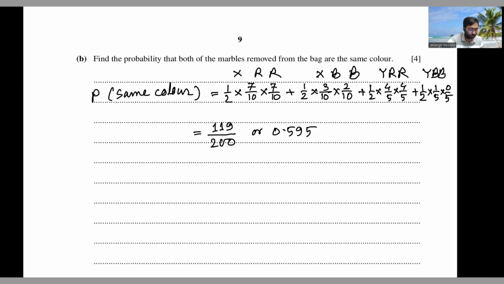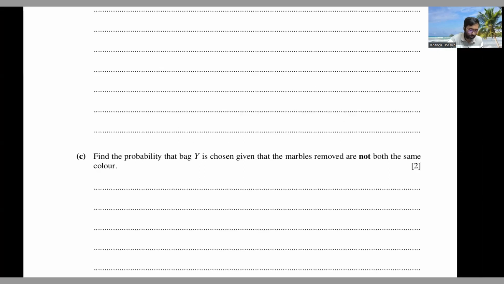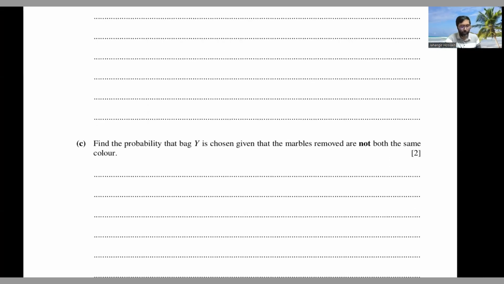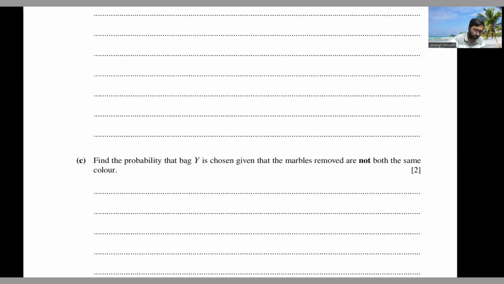Okay, that's part B. Now let's move on to part C. Find the probability that bag Y is chosen given that the marbles removed are not both the same color. So we know the probability of the same color. What is the probability of not the same color?